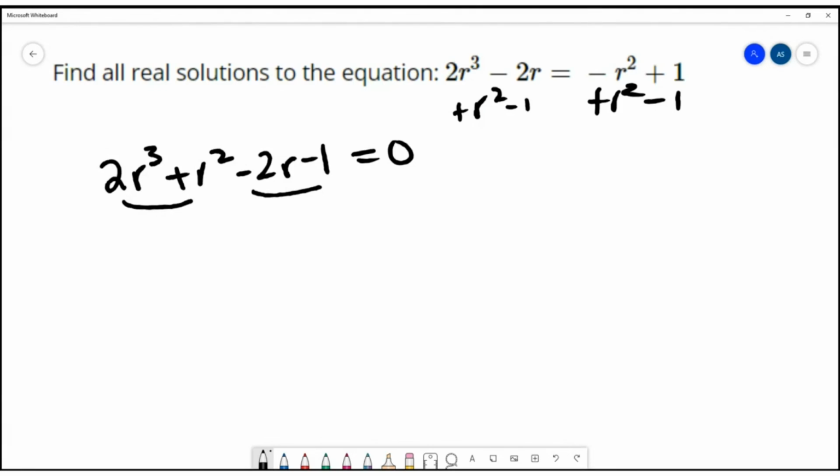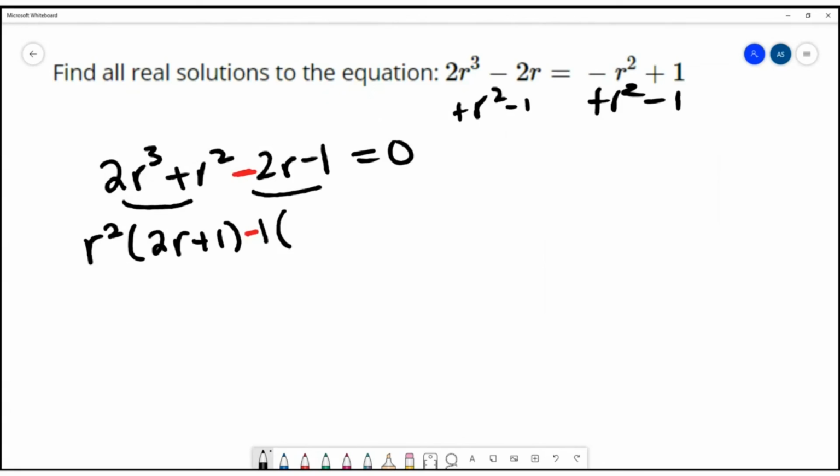So for the first group, there's r squared in common, and I'm left with 2r plus 1. For the second group, 2r and 1 don't seem to have anything in common, but we can use 1 as a factor of any number. So we'll use 1. And because we have a negative here, we'll use a negative in our greatest common factor.